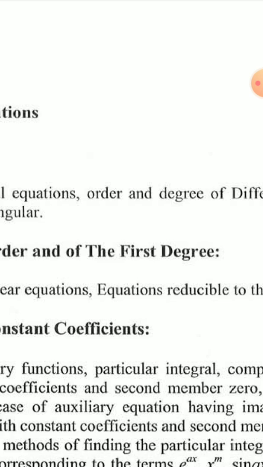Then solution. What is the solution of a differential equation? The solution is a relation between variables and derivatives obtained from them which satisfies the given differential equation, and it is called a solution of the differential equation.